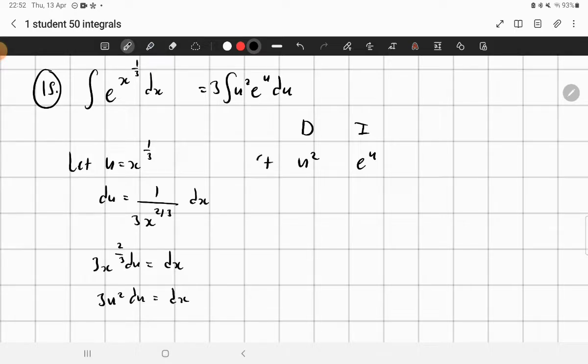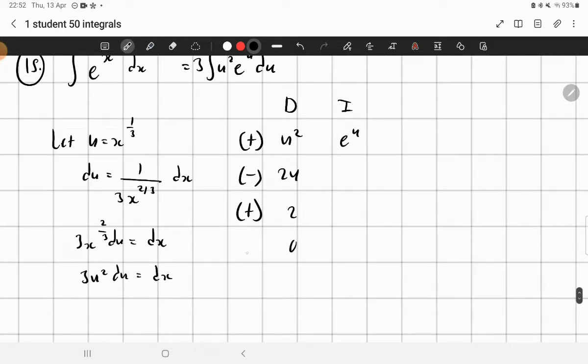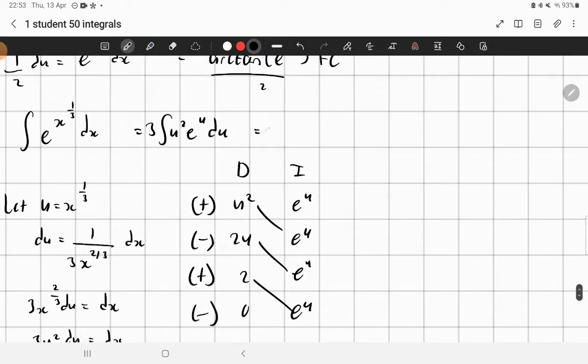We begin with a positive sign, negative sign, positive sign: u squared, 2u, 2, 0, and e to the power of u each time. By multiplying this way, you'll obtain 3 times u squared e to the power of u, minus 2u times e to the power of u, plus 2 times e to the power of u, plus c.